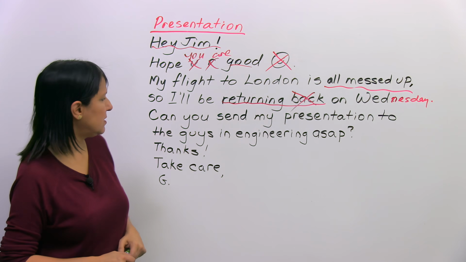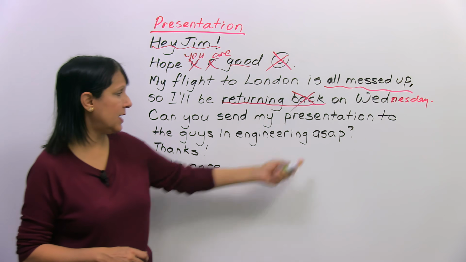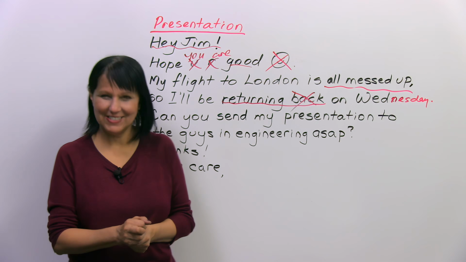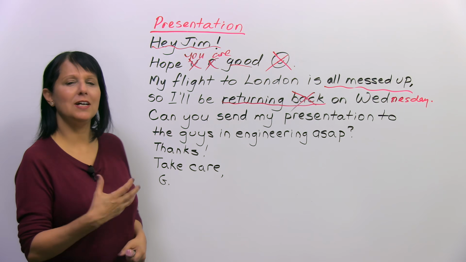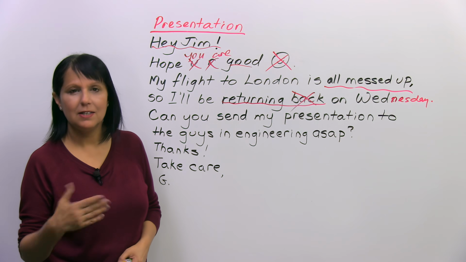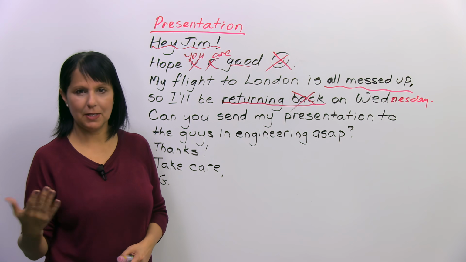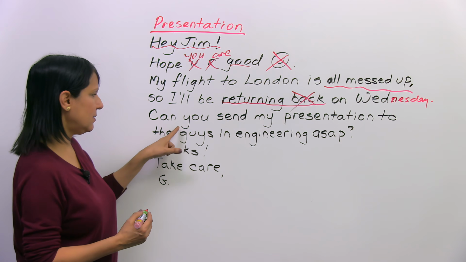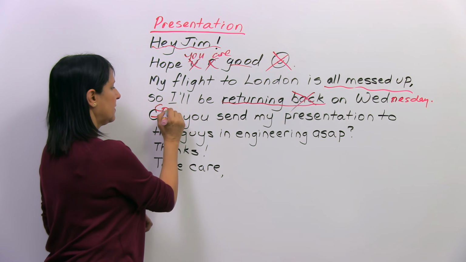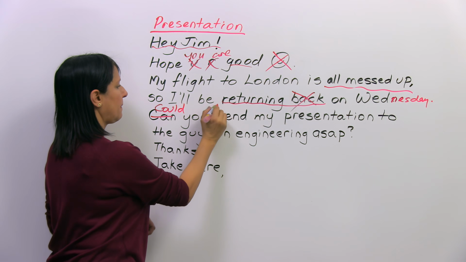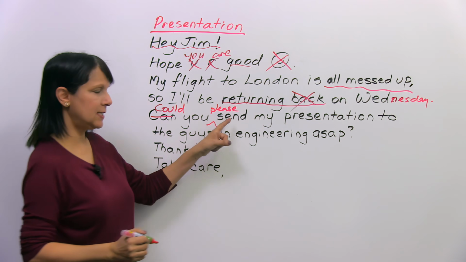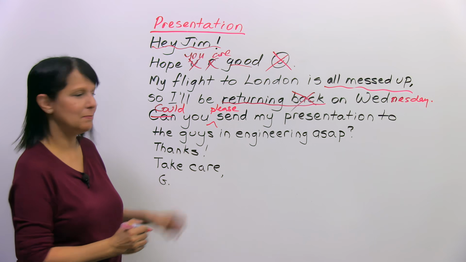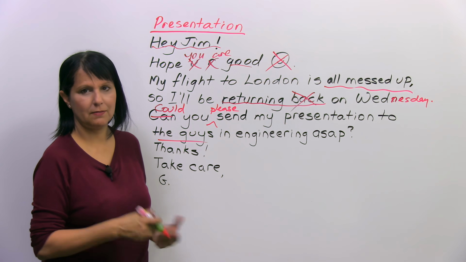"Can you send my presentation to the guys in engineering ASAP?" Okay, so a few problems there, right? Can you see them? So here, even though I didn't mention it specifically, of course, when you're writing a more formal email, you should be as polite as possible. So what's missing here? We could really say, "Could you please send my presentation," not to the guys, because "guys" is too informal and very casual.